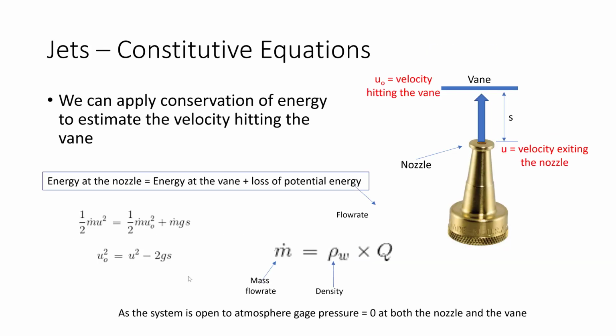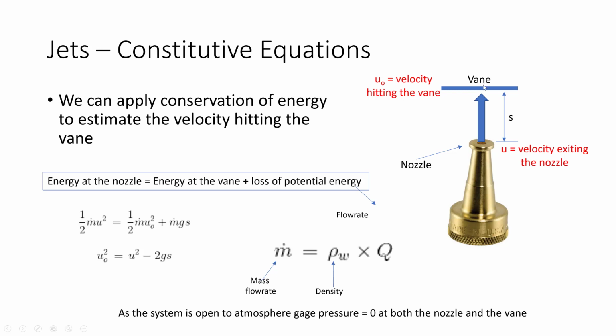To understand jets, we use a jet that comes out of a nozzle. Let's say that the velocity of the jet exiting the nozzle is equal to u. Because of inertia, the jet, that stream of water or fluid, keeps moving, and it hits a vein.